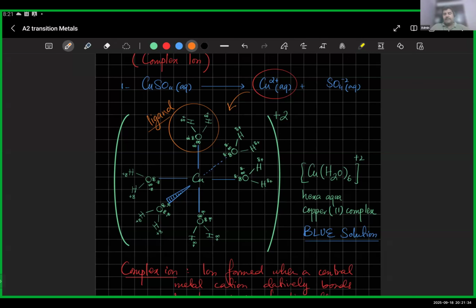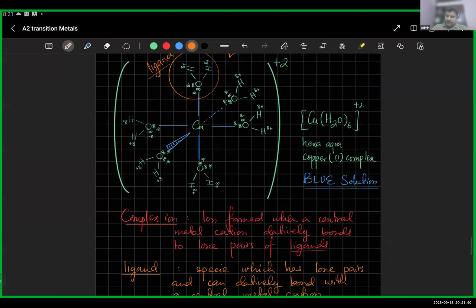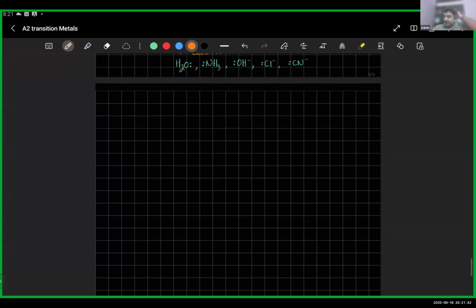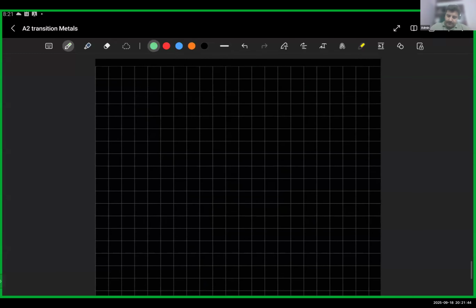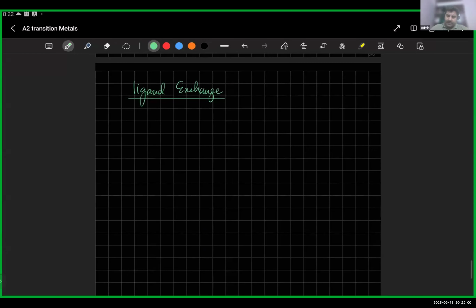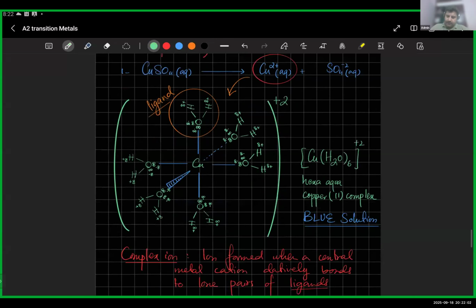Now the next thing is that these ligands can be exchanged. So I'm going to do some ligand exchange reactions. A lot of ligands can be exchanged. You can add another ligand, and the previous ligands can get substituted.